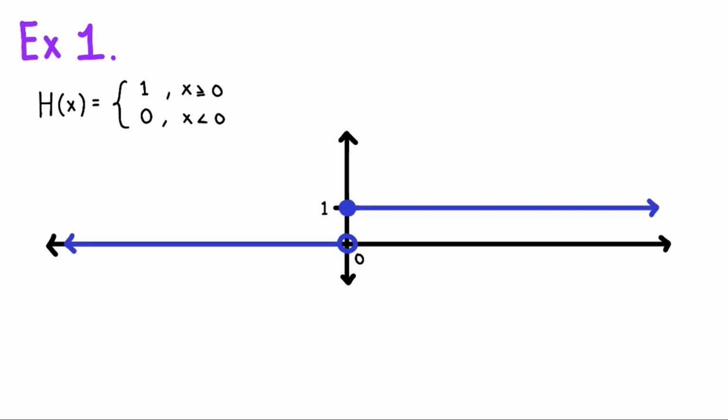Okay, so let's start. From earlier, we know that the limit of h of x as x approaches 0 does not exist. Now what if we are only concerned with the one-sided limit? What if we are tasked to find the limit of h of x as x approaches 0 from the left?